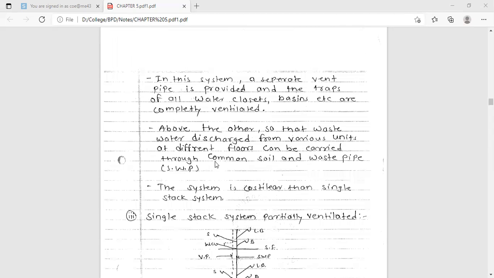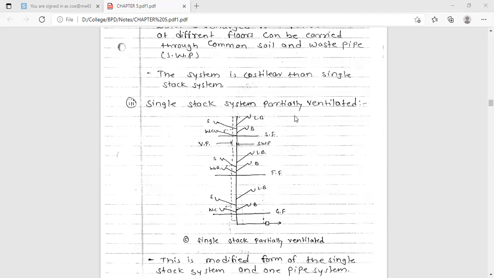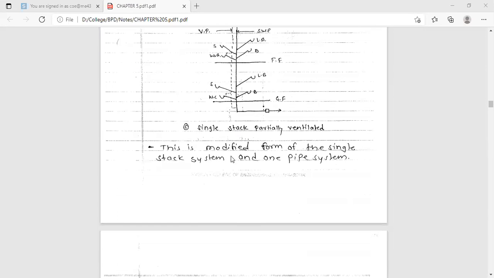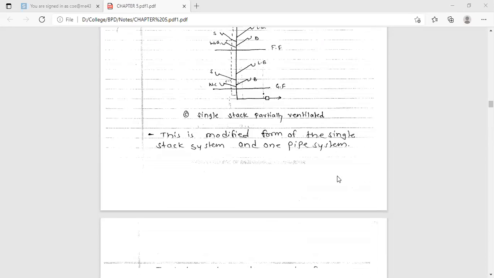But in the single stack system, partially ventilated, we are only connecting the outlet from the WC to the vent pipe. Okay, and the other outlets are not connected to the vent pipe. That is the difference. Okay, this is modified from the single stack system and one pipe system.